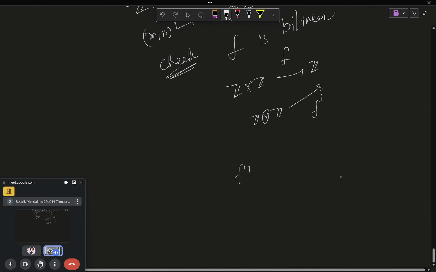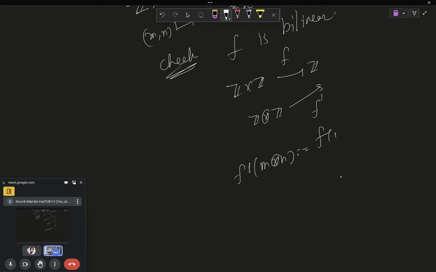So same here, f dash of m tensor n is nothing but f of (m, n), which is mn. So this map f dash is from Z tensor Z to Z, m tensor n goes to mn. Do you understand? This map f dash is getting from the property. Till now, do you understand?